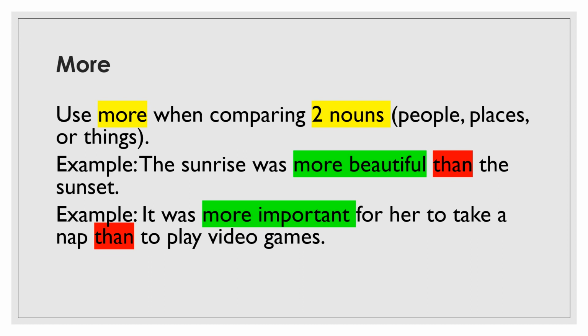And you notice I highlighted in red those keywords that we were talking about with ER and EST. Those haven't changed. So if you see than, you're using an ER or more, because that's your keyword that you're only comparing two things.